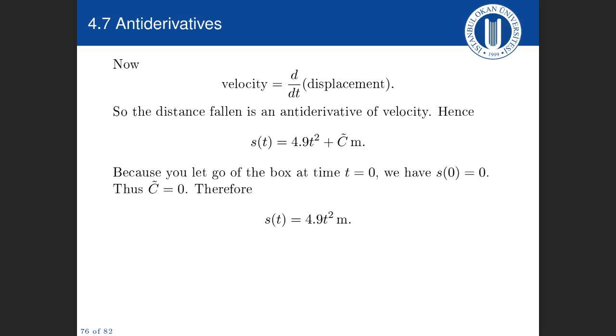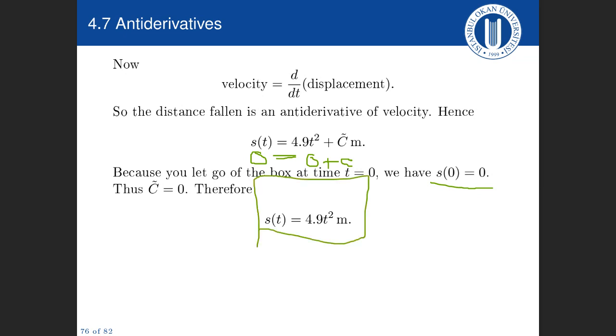Again, at time t equal to 0, you're holding the box and you let go of it. So at time t equal to 0, the box has fallen 0 meters. So we have displacement is equal to 4.9 multiplied by 0 plus this new constant. So this constant must be 0 as well.